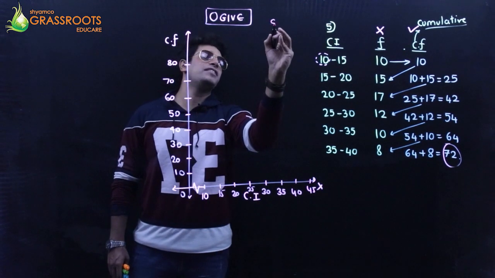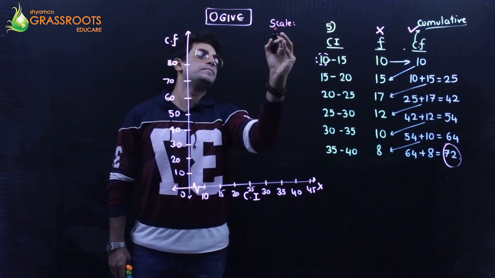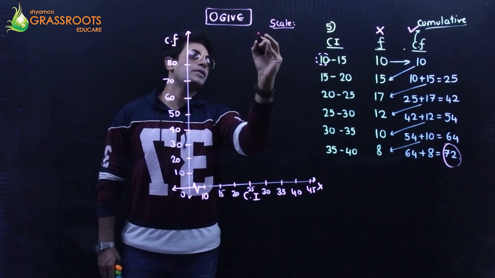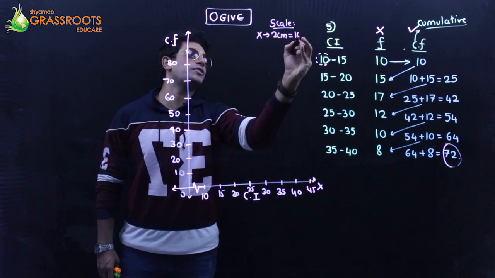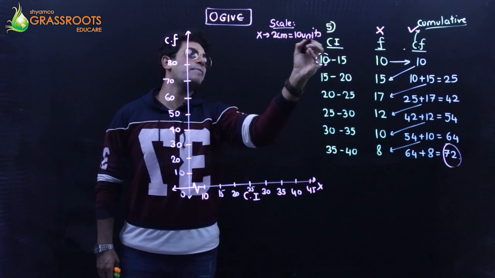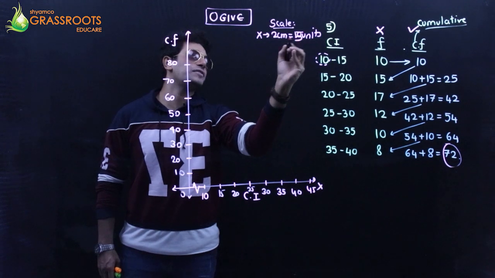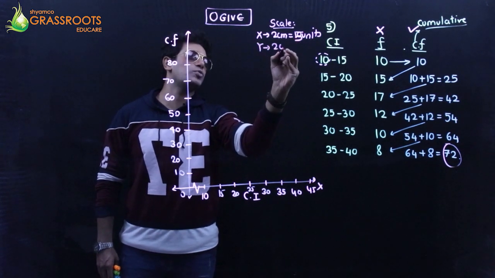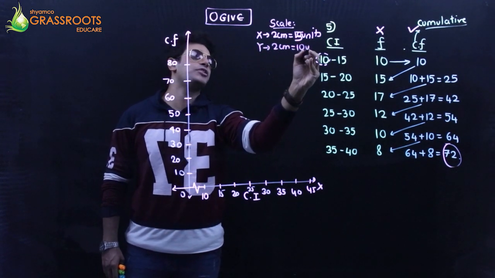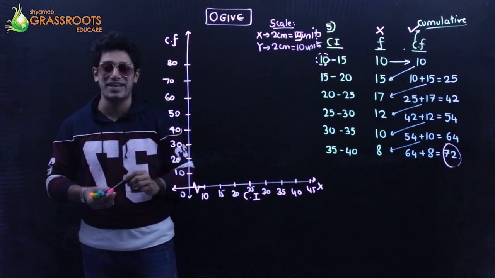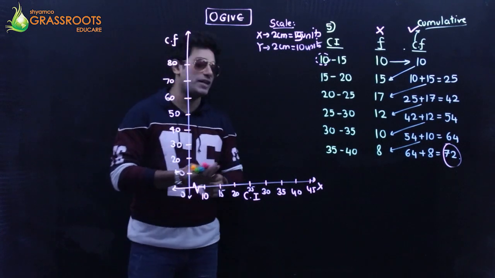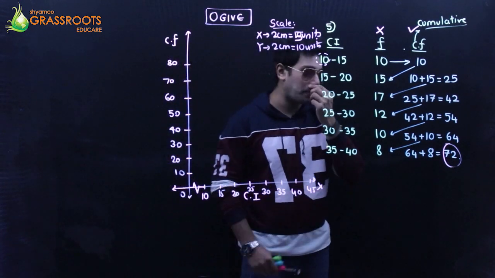So the scale on the x-axis is 2 centimeters equal to 5 units, and on the y-axis 2 centimeters equal to 10 units. Again, it's not starting from 0, so a kink. Now a piece of advice: students usually mess up here.